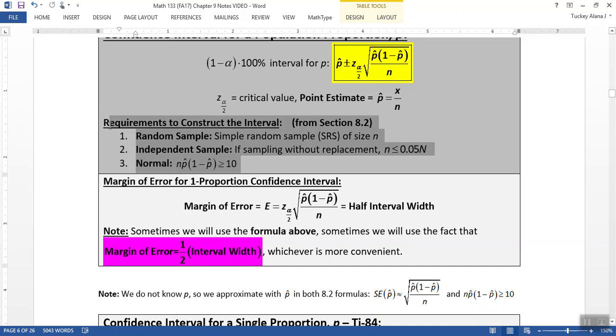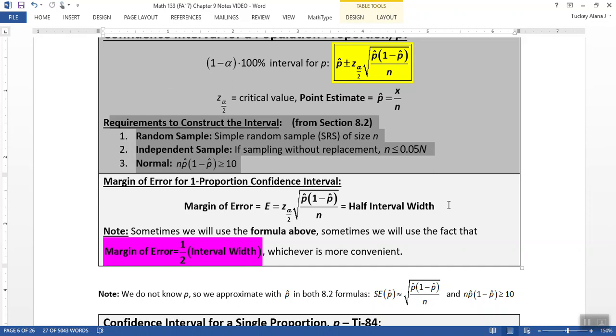First of all, we have these requirements that are needed in order to be able to construct this interval. And those requirements should be looking very familiar because they're from the central limit theorem for proportions that we learned in section 8.2. We always need a random sample, otherwise we have bias. We need the sample to be independent. If we're sampling without replacement, we would need little n, our sample size, to be less than 5% of capital N, our population size.